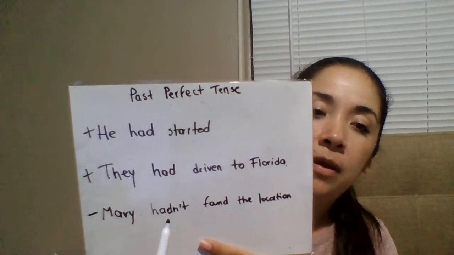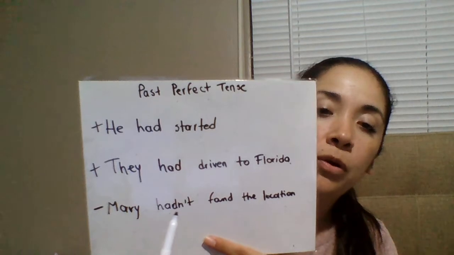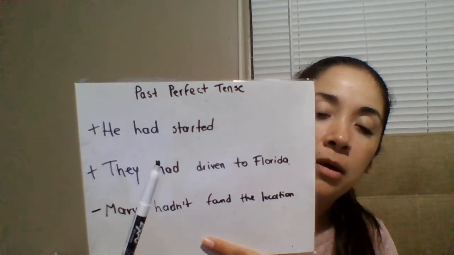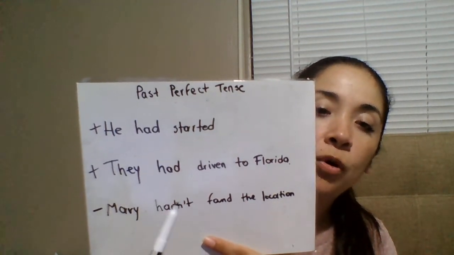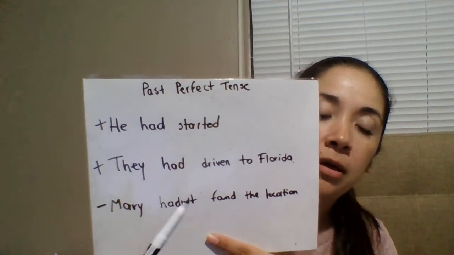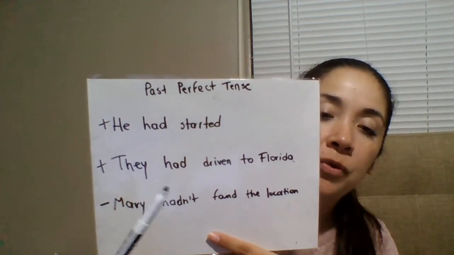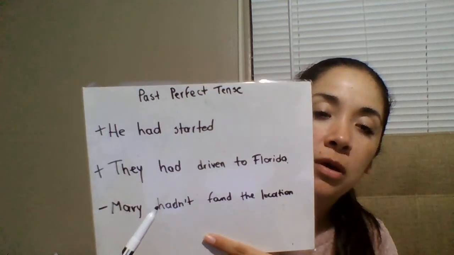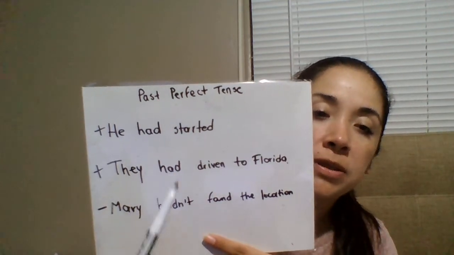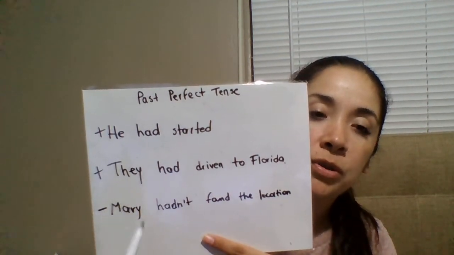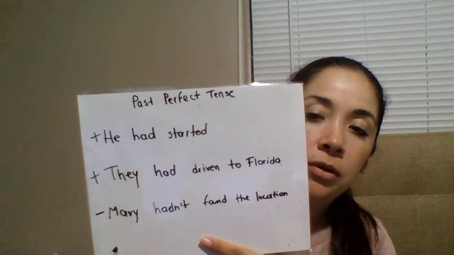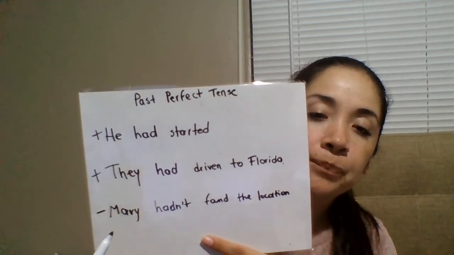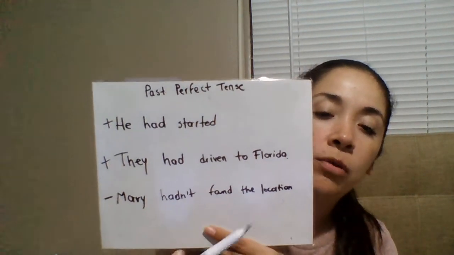Okay? And remember that we are going to use the same for all the subjects. We don't have to use a different one if we use a different subject. It's going to be the same for all of them. Okay? Mary hadn't found the address.